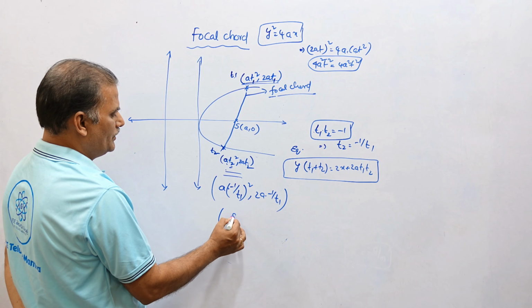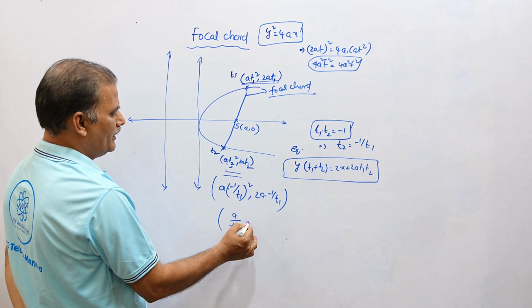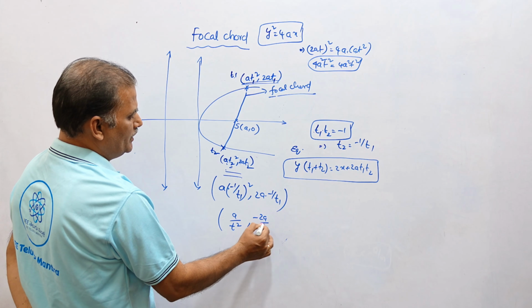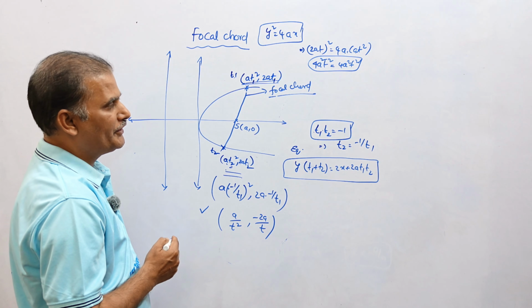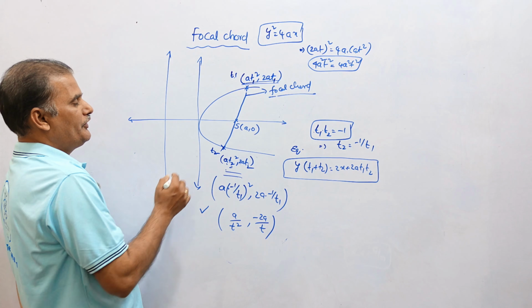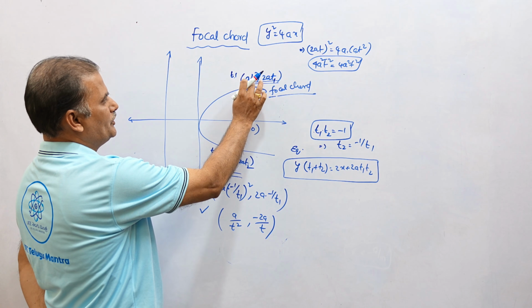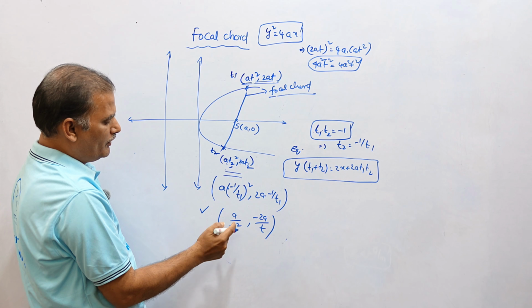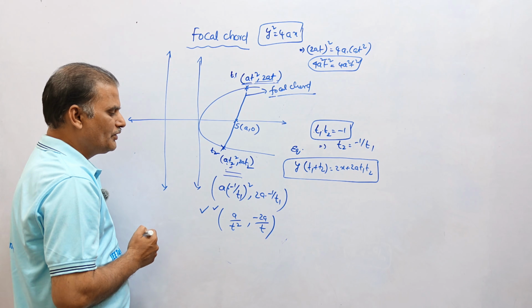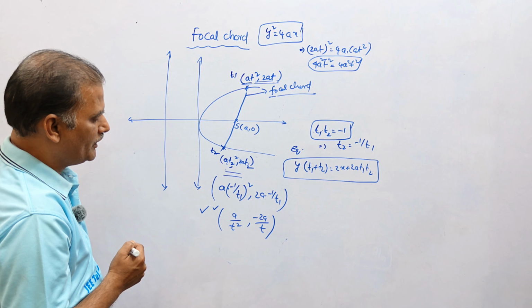Therefore, final one is (a by t square, minus 2a by t). This is the other endpoint of the focal chord. The first endpoint of the focal chord is (at square, 2at), and the second endpoint of the focal chord is (a by t square, minus 2a by t).